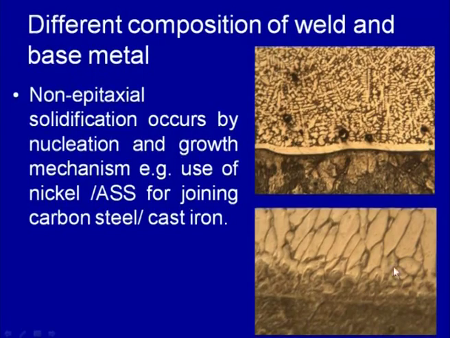This can be a situation like a nickel electrode or austenitic stainless steel electrodes being used for developing a weld joint of carbon steel and cast irons. In this condition both nucleation and growth stages are required, and this kind of solidification in welding is termed non-epitaxial solidification.